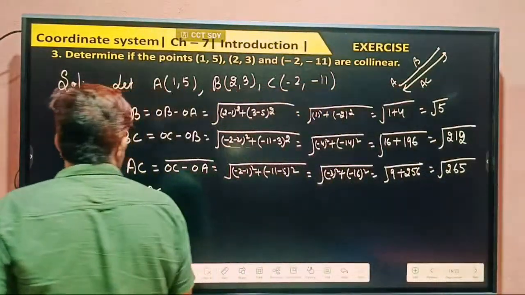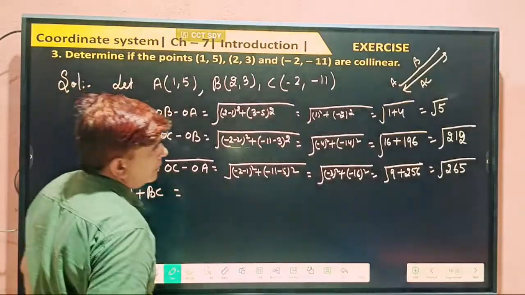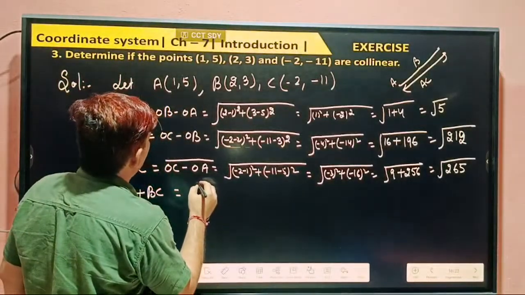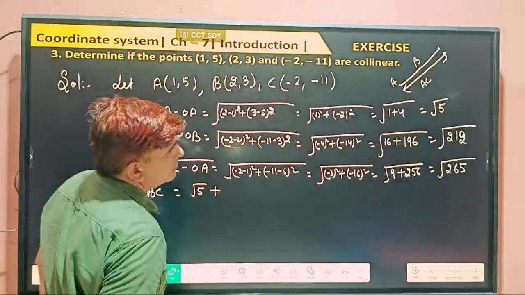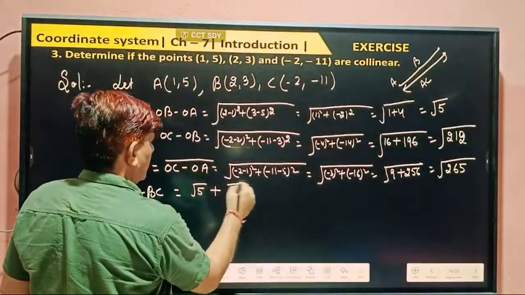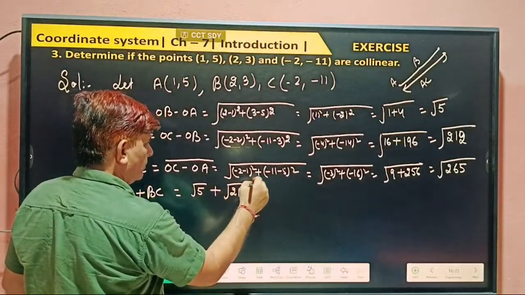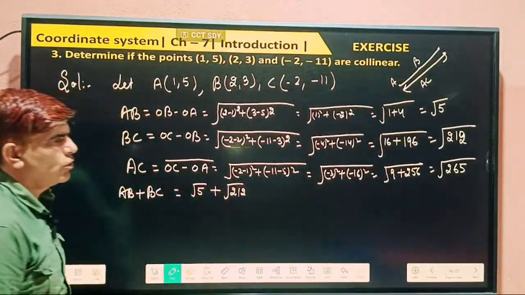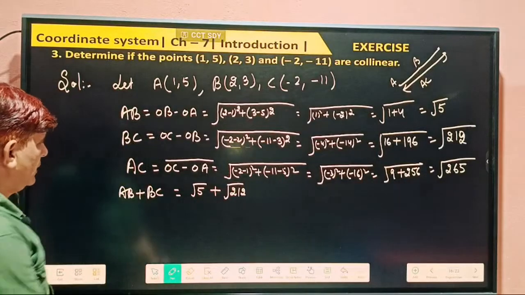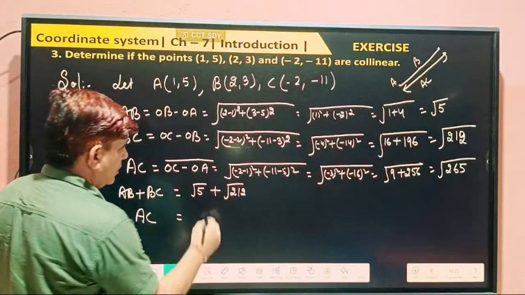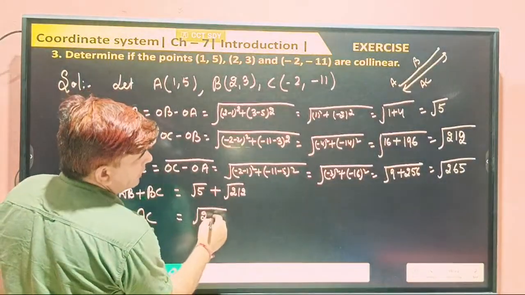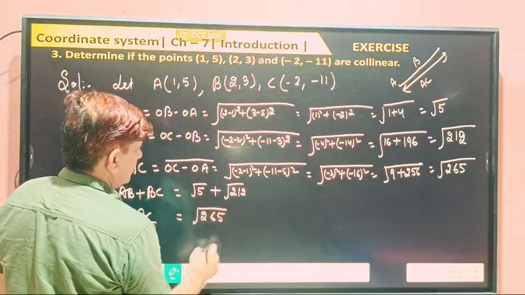So AB is what? AB is under root 5 plus BC under root 212. Yes or no? What is AC? AC is equal to what? Under root 265.